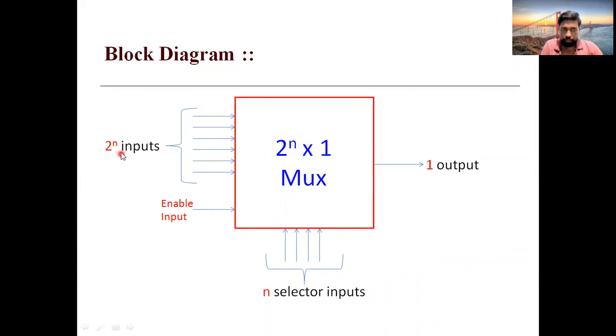Suppose you have 4 inputs here, where 4 is written as 2 square, where small n value is equal to 2, then you will have 2 selector inputs here. When you have 2 power n number of inputs, automatically you will have small n number of selector inputs here at the bottom. And remember that always you will have only one output for a multiplexer.